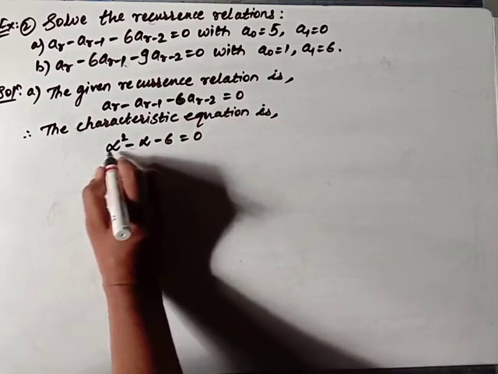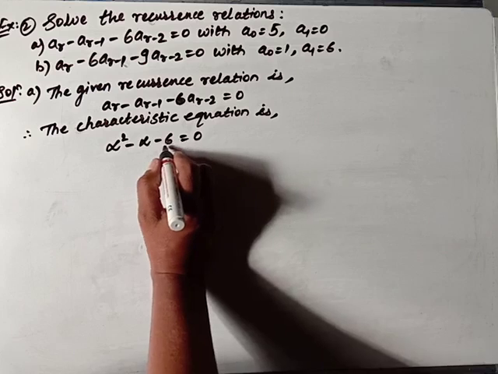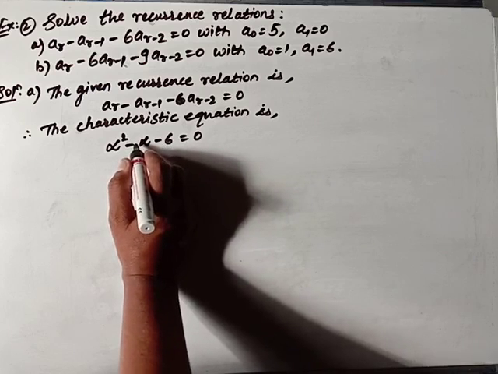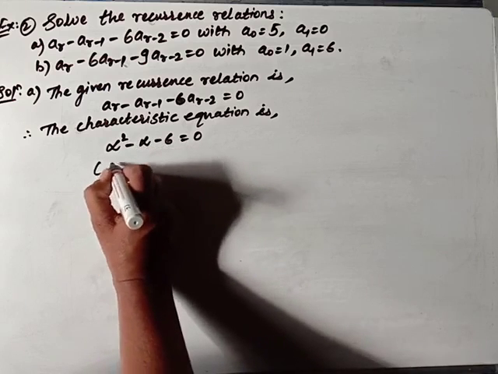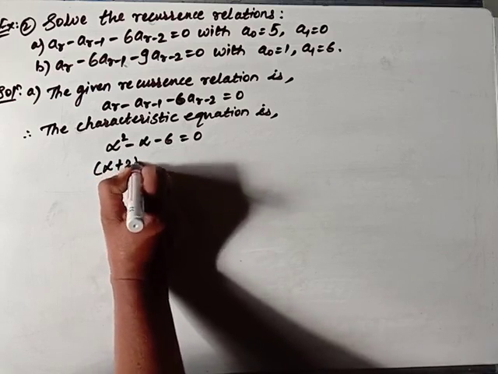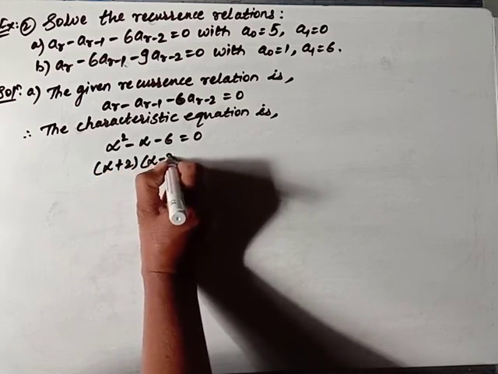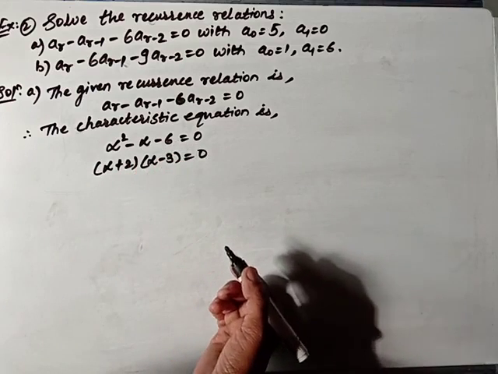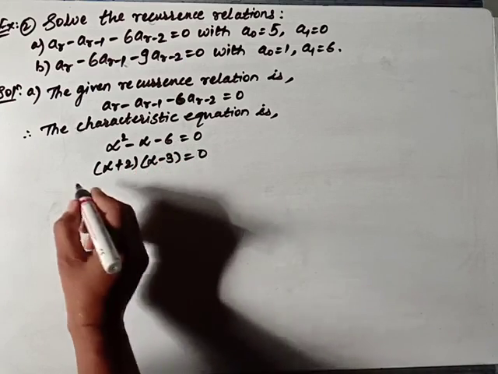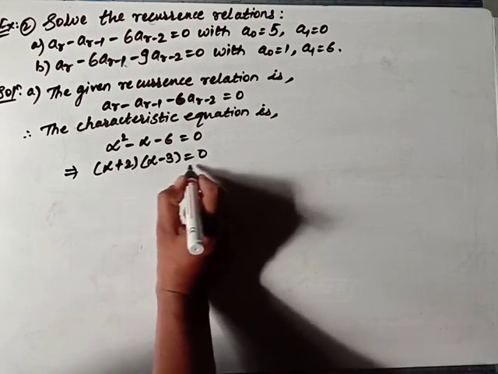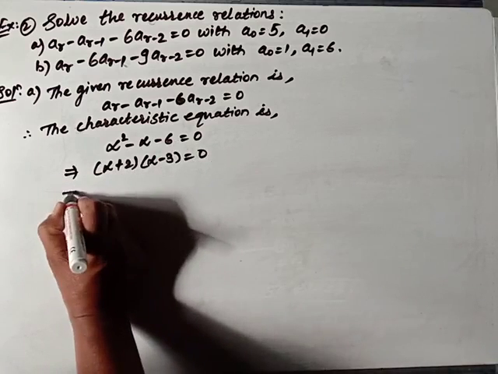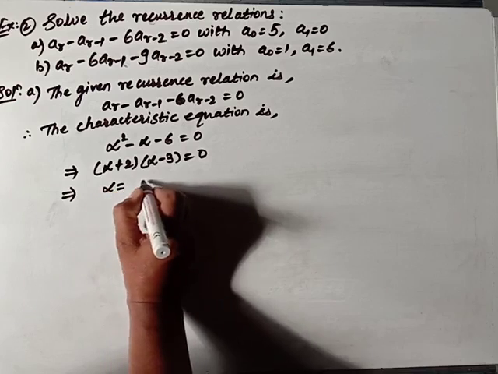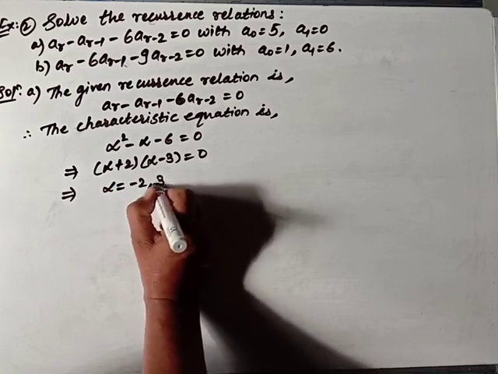Now, what are the roots of this? Here the product should be minus 6, the sum should be plus 1, so it will be 3 and 2. So here I will get alpha plus 2 into alpha minus 3 as the factors of this. This is a quadratic equation. You know various ways to solve a quadratic equation. You can easily solve that, or factorize it as such. So that gives me alpha is equal to minus 2 and 3.